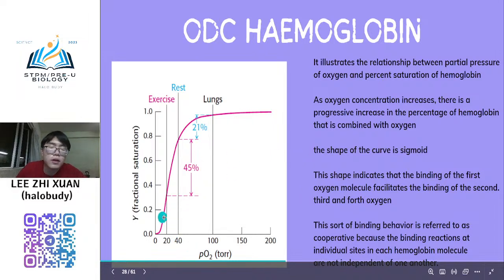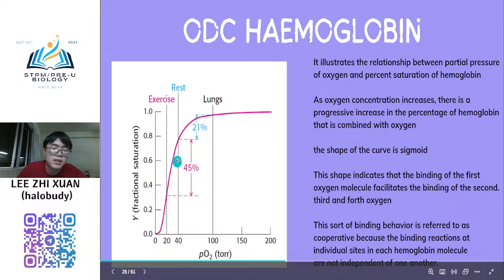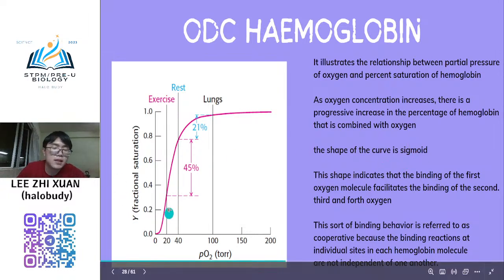So when the oxygen concentration is increasing, the percentage of the hemoglobin that combined with oxygen is also increased. And the shape of the curve is known as sigmoid shape. This is very important. This curve is known as sigmoid shape.